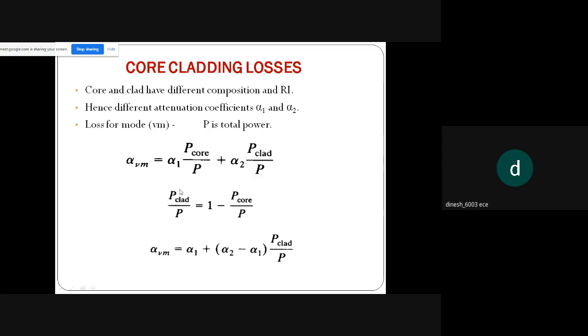P cladding divided by P can be found by 1 minus P core divided by P. So the total core cladding loss is equal to alpha 1 plus alpha 2 minus alpha 1 into P clad divided by P. If only the cladding power loss can be measured, we can easily find the core cladding losses.